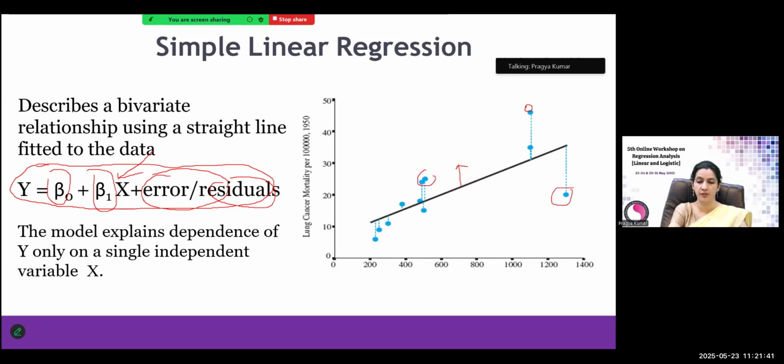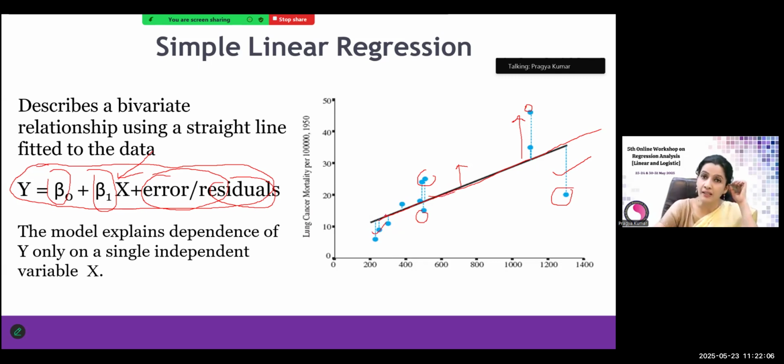So there are many actual data here, and this is your fitted line. So the distance between this actual and the fitted is known as the residual. This dashed line is the residual. So what is this? This is your fitted. Fitted line means it is the predicted.